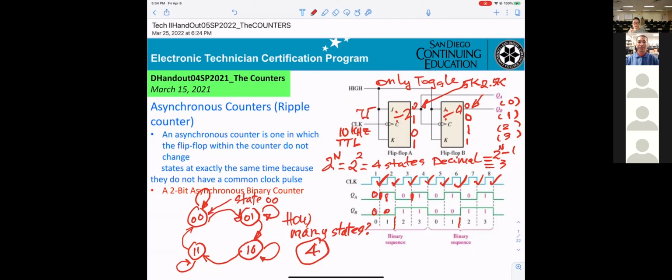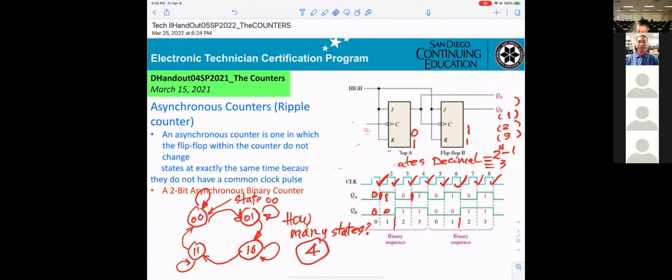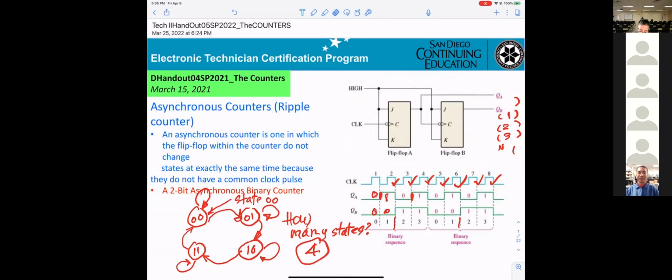Okay, so how do we recognize a ripple counter? Ripple means the output of the first flip-flop connects to the clock of the second one.